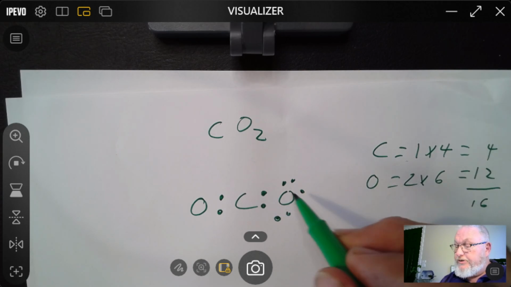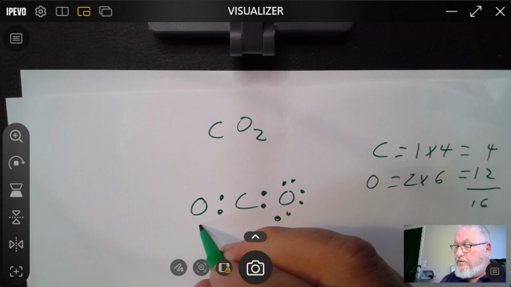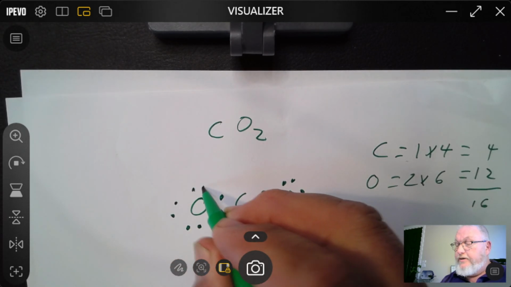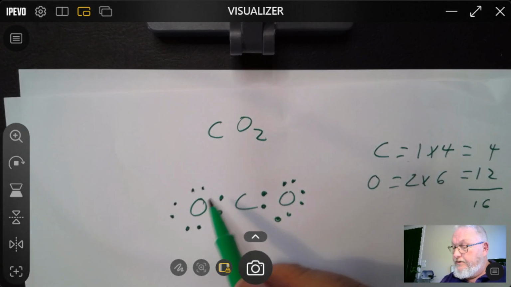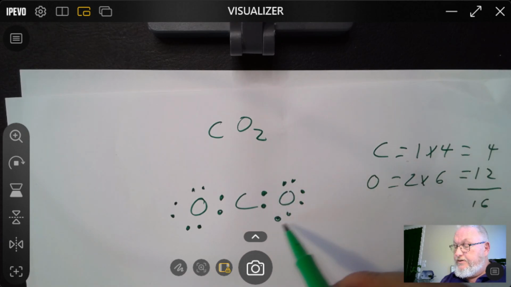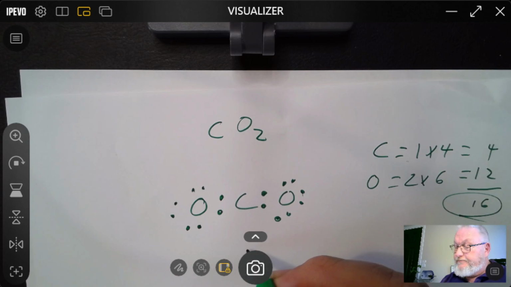I got 2, 4, 6, 8, 10, 12, 13, 14, 16. I've got 8. There's the 6 of oxygen. They're sharing those 2 electrons. Those are the 8, 6 from oxygen, 2 from carbon. And we've got 16 electrons. So that's what carbon dioxide looks like.